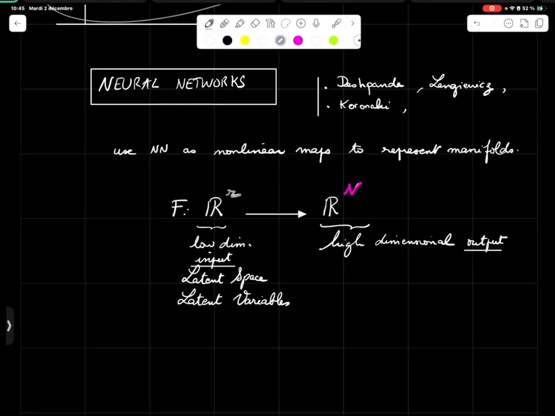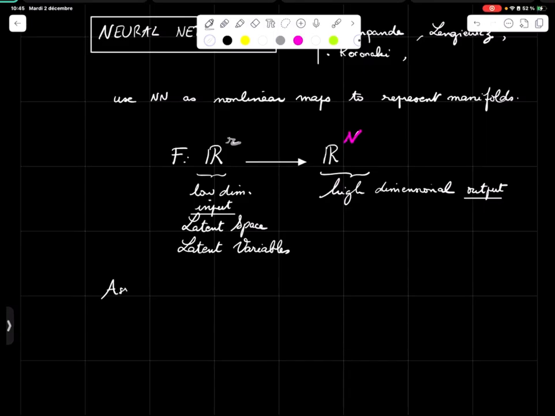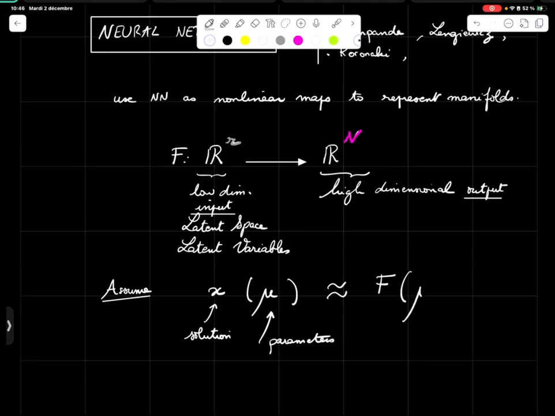And now just assume that the solution X, that is the solution you're interested in, is a function of some parameters, mu, and what you want is to approximate this X of mu by a neural network F, capital F of mu.